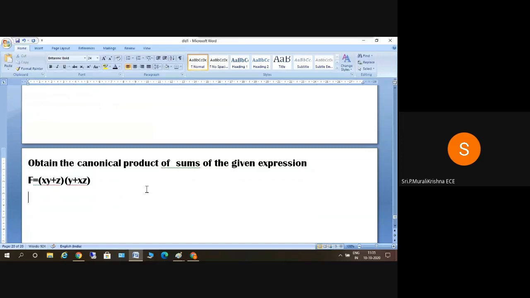Okay, so f is equal to xy plus z, y plus xz.